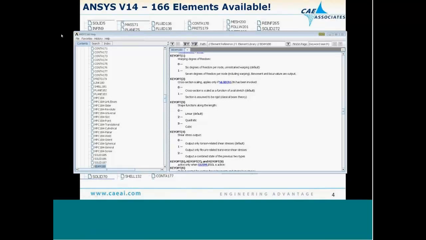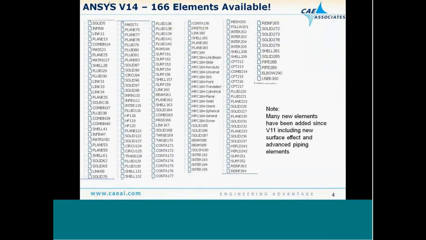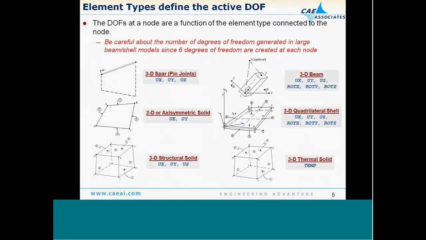Okay. So moving back to the element types, we've got many different element types available in ANSYS. The element types we select control which active degrees of freedom that ANSYS will solve for. So whether we're using a beam element, a truss element, a 2D solid, the actual finite element calculations are based on the active degrees of freedom for these element types.